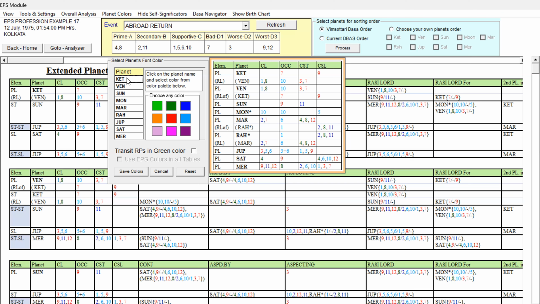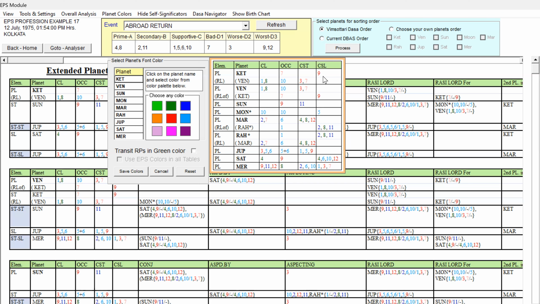Now let us examine each planet. Ketu is 7th occupant and 9th cuspal sublord. These houses 7 and 9 are definitely supportive for travel abroad only, not for homeland return, right? So 7 and 9 are supportive for the person to travel abroad. But I've already said that when we are talking about the 9th house, if 12 is not present, we cannot say it is supportive only for travel abroad.